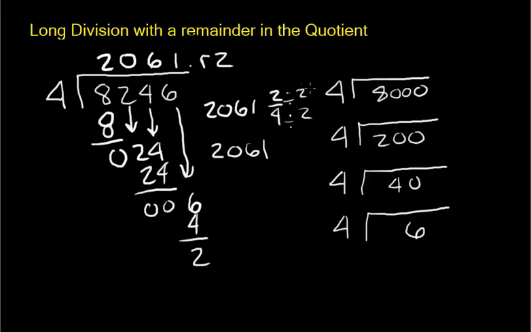And if we do 2 divided by 2 is 1, 4 divided by 2 is 2. So 2,061 and a half. Or we know from our common math sense that 1/2 in a decimal point is 0.5, so we could express that as 2,061.5.